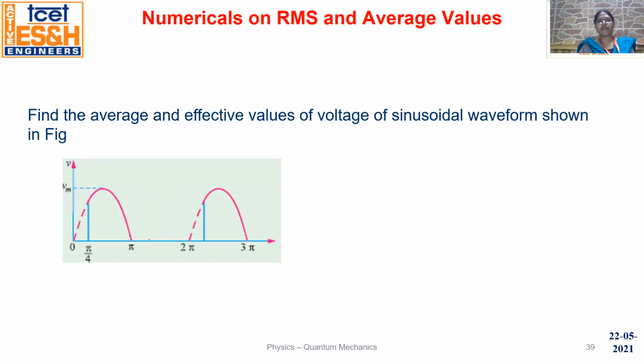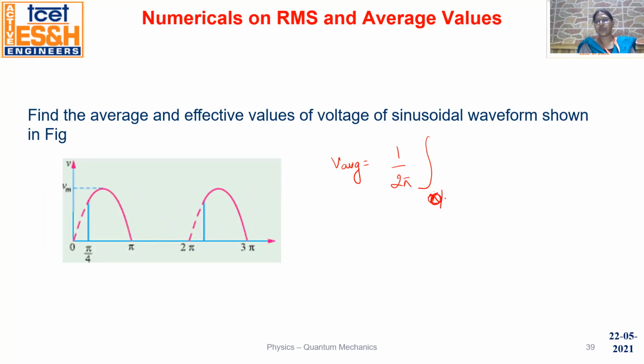This is a half sinusoidal voltage in which the negative portion is not there. In such cases, if you want to find V average, it is 1 by 2 pi times the integration, from 0 to pi by 4.